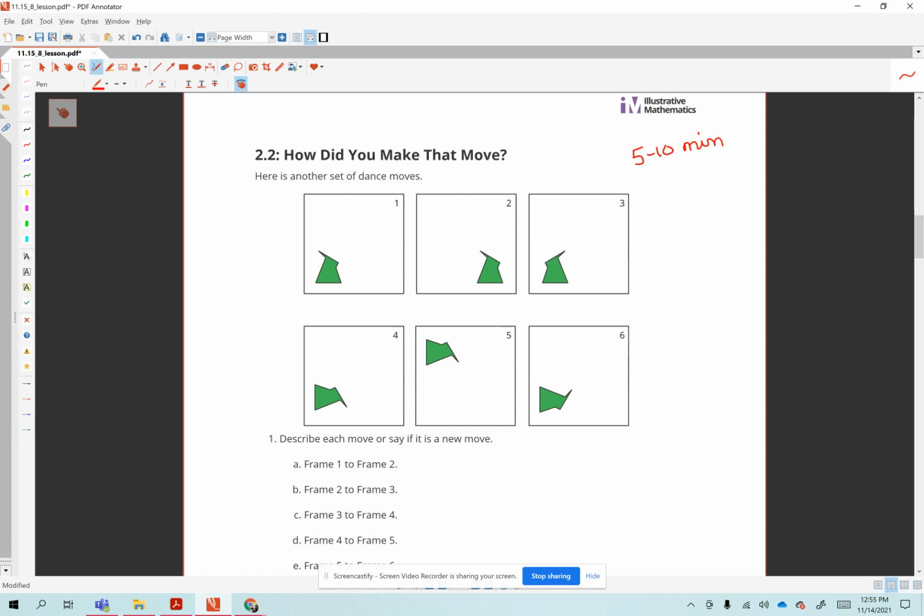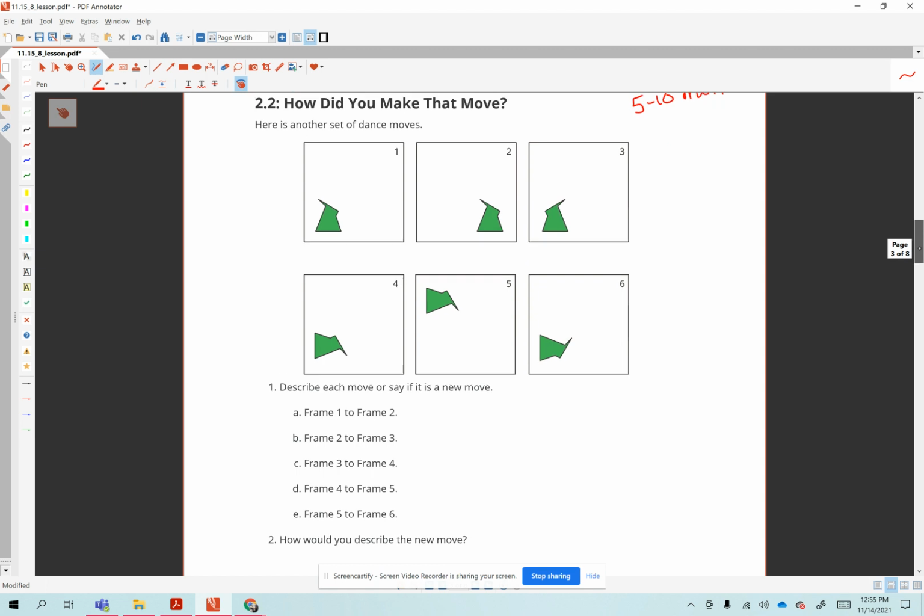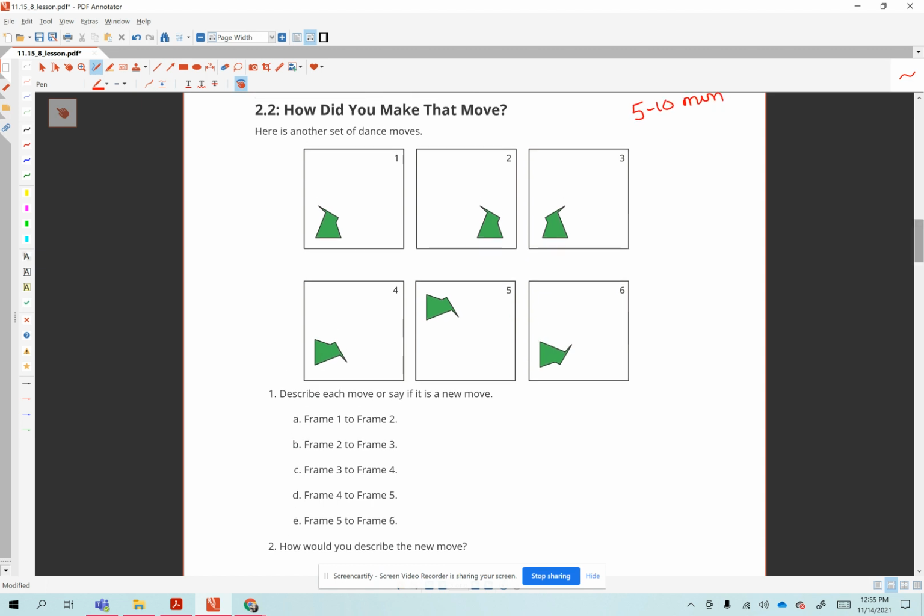I want you to think about all of the moves that this figure is making as it moves from frame 1 to frame 2, frame 2 to 3, 3 to 4, 4 to 5, and 5 to 6. And you'll also see we have a new move that's different from what we talked about yesterday. So pause the video and think about those things.